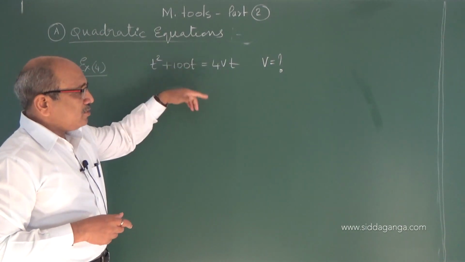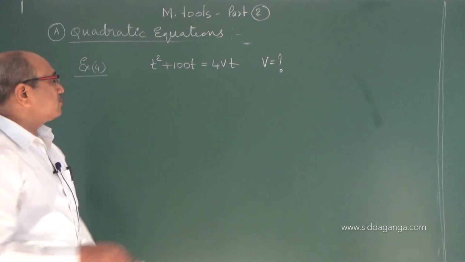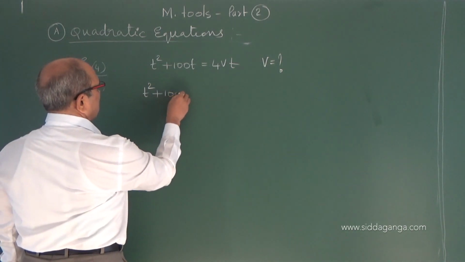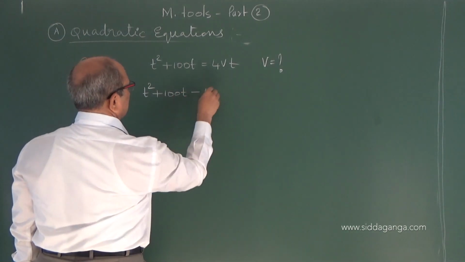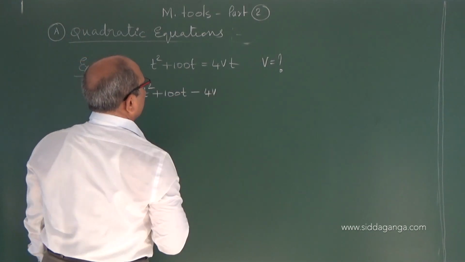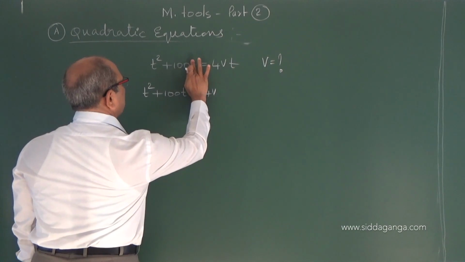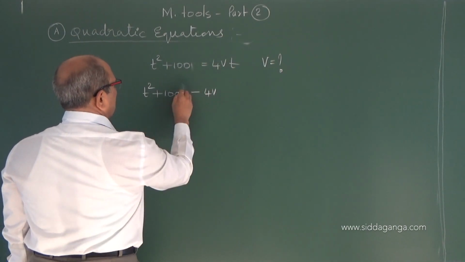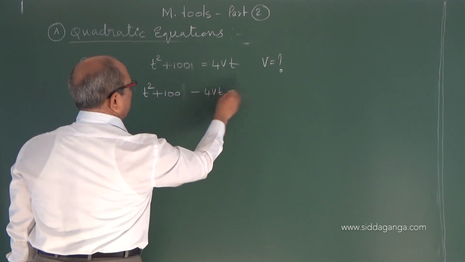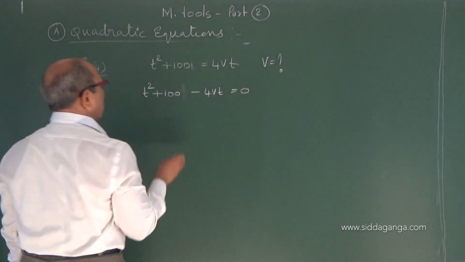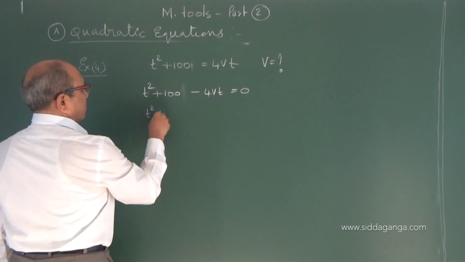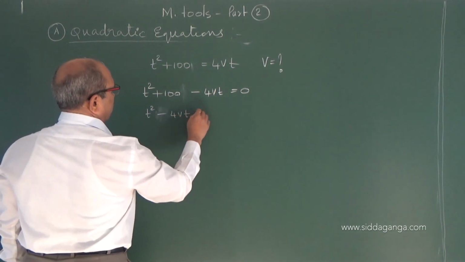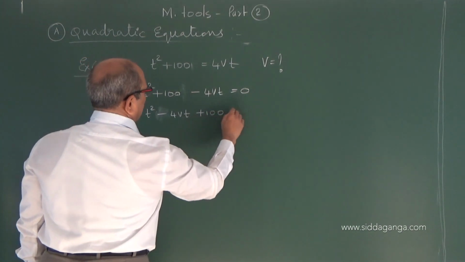Let us bring it to the quadratic form. t square plus 100 minus 4vt, 100 only, not 100t, correction I make. t square minus 4vt plus 100 equal to 0.